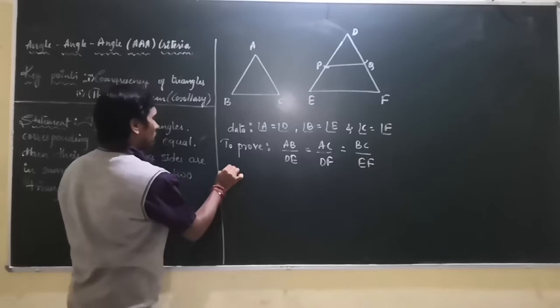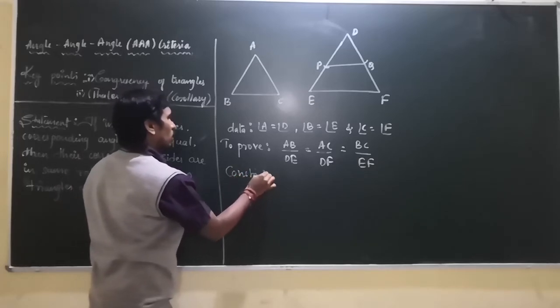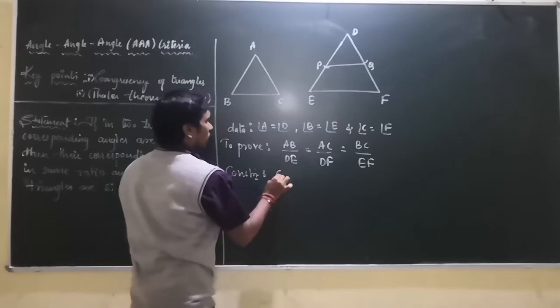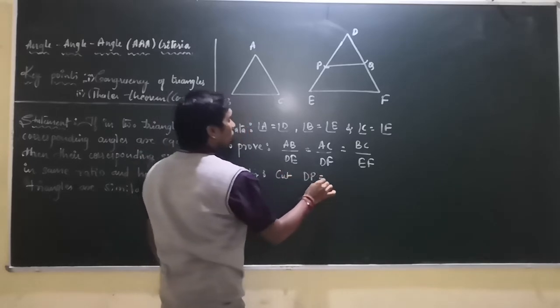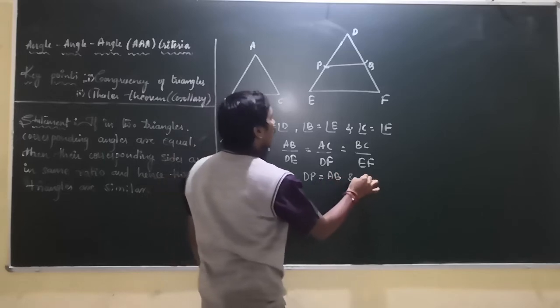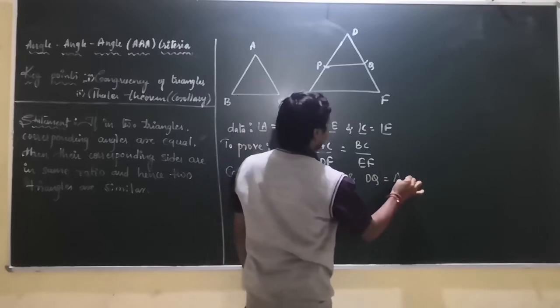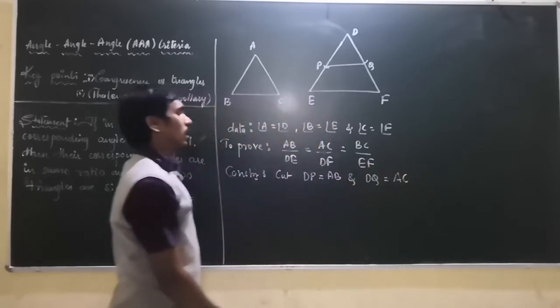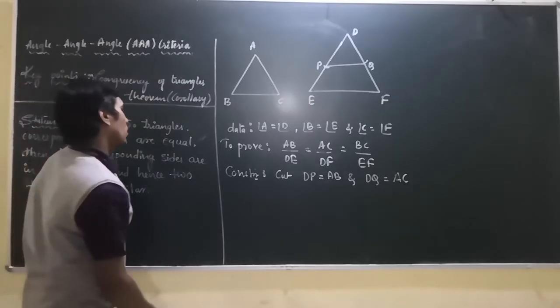So the construction: cut DP equal to AB and DQ equal to AC. This is our construction. Once the construction is done, you can go for the proof.